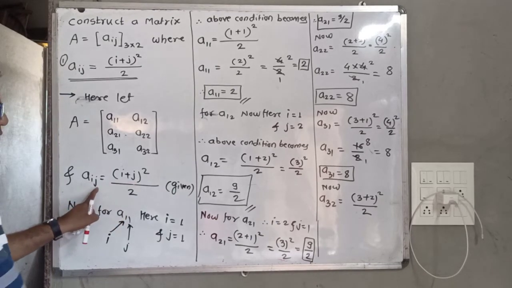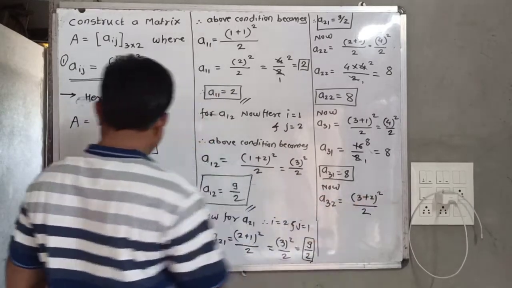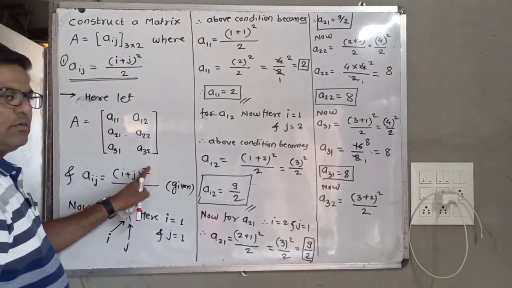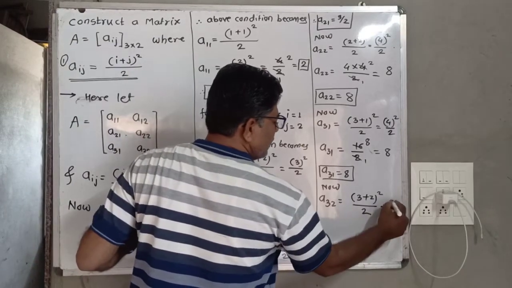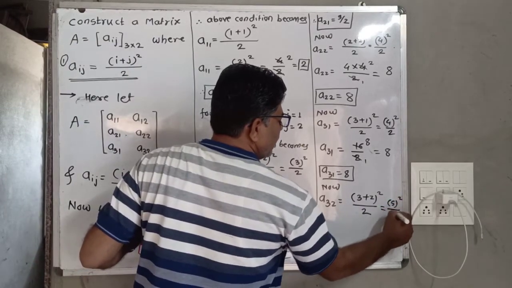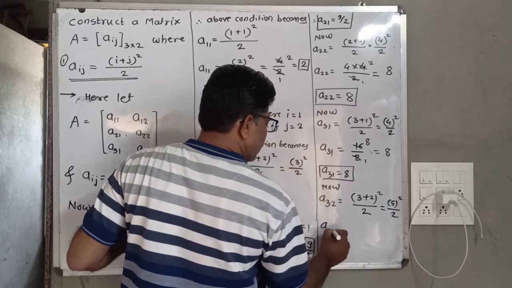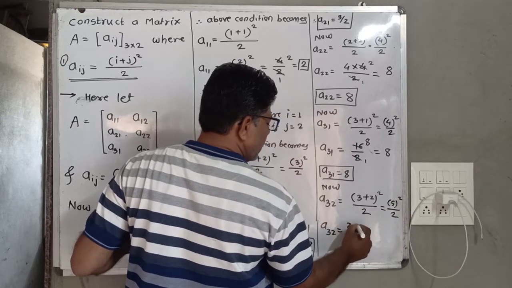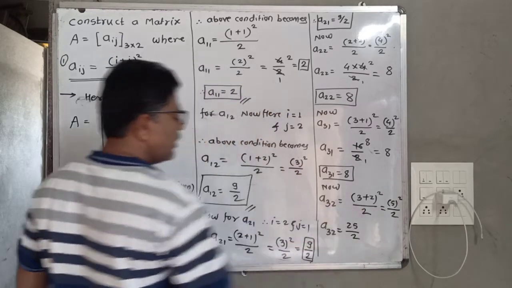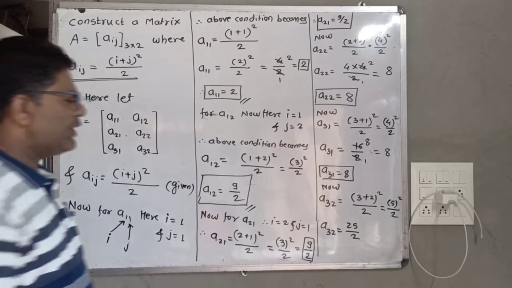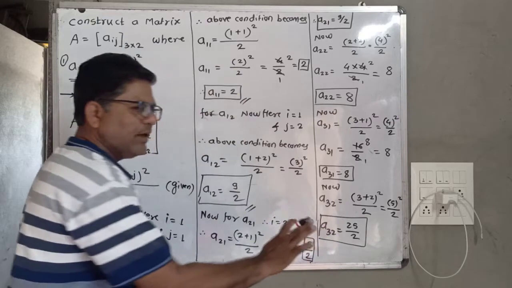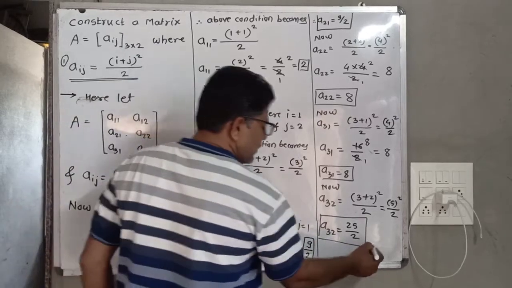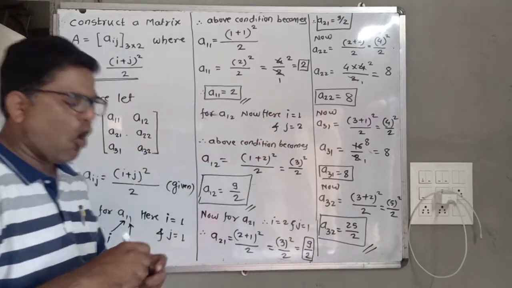Then 3 plus 2 bracket square divided by 2. 3 plus 2 is nothing but 5, 5 square divided by 2. A32 equal to 5 square, which is 25, divided by 2. Here 25 is not completely divisible by 2. Therefore we keep it the same. Then we have now solved all the elements.